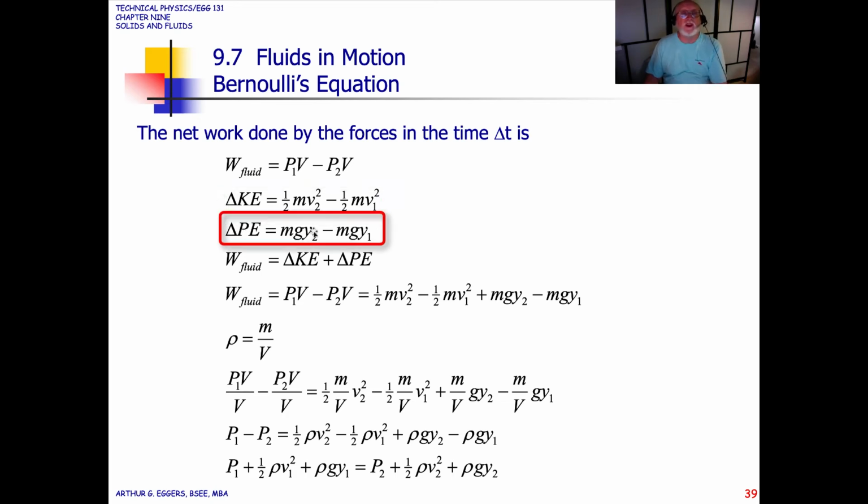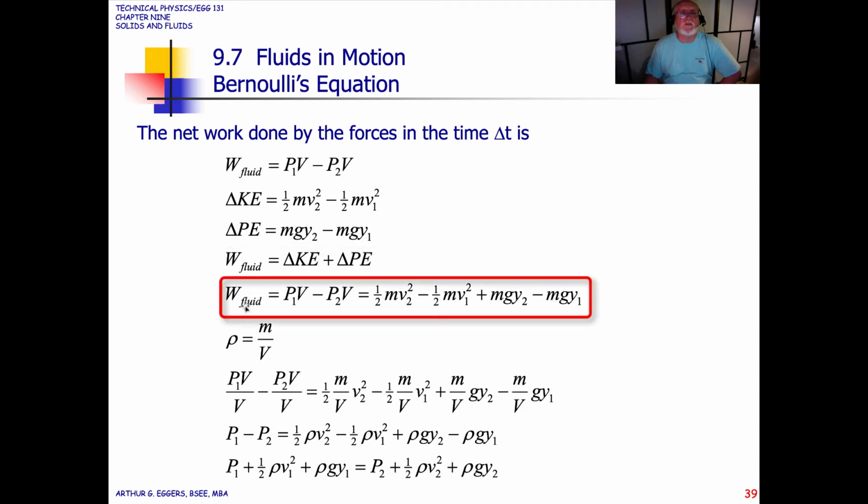And we can bring potential energy into the mix. So delta PE, the change in potential energy, is equal to mgy2 minus mgy1. So the work done by the fluid can be expressed as the change in the kinetic energy plus the change in the potential energy.